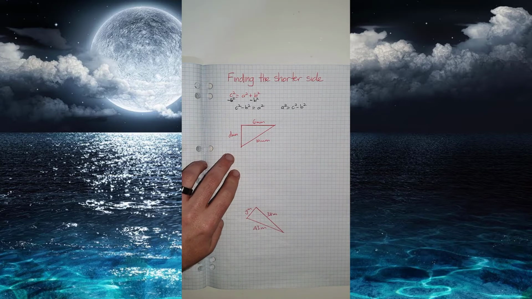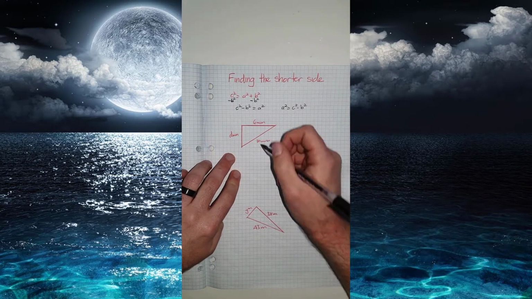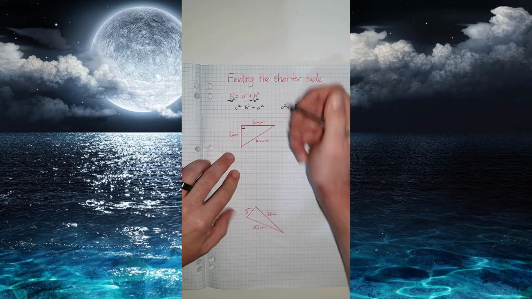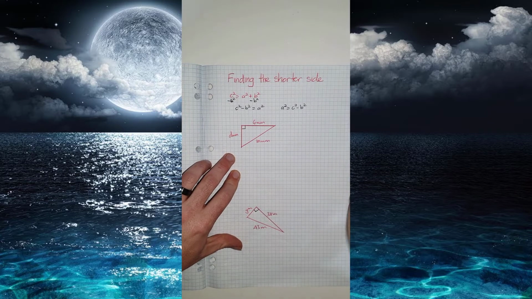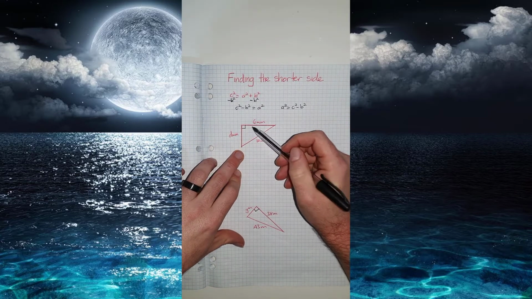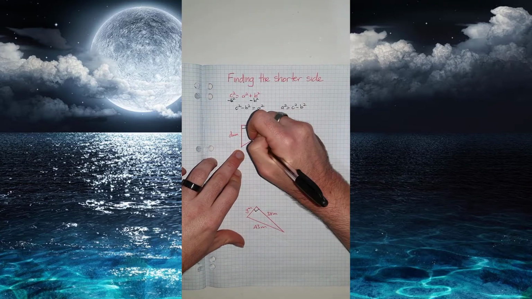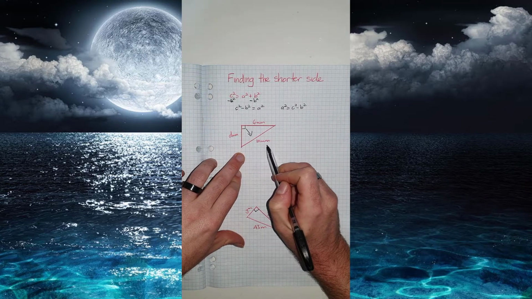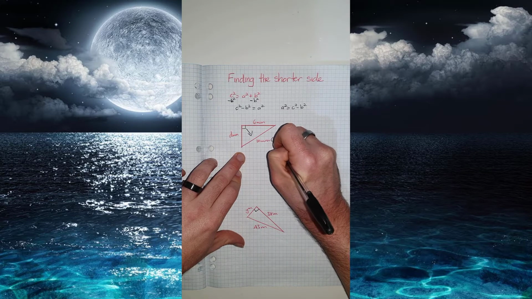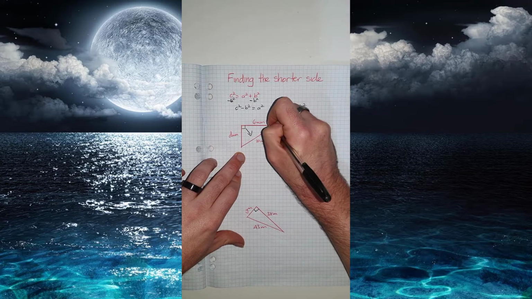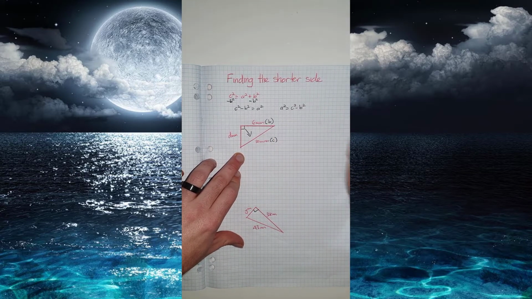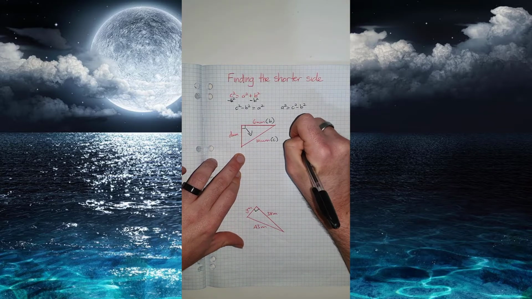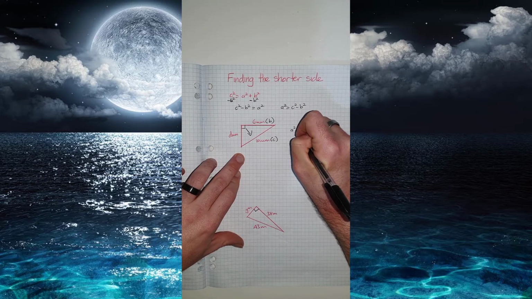Let's have a look at these two triangles. Now, I'll put in the 90-degree angle sign. So we know that this is the hypotenuse. So this is going to be our C. Therefore, this has to be our B. So let's start subbing these into our equation.